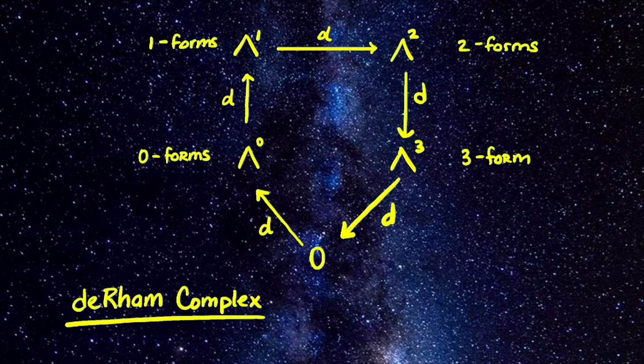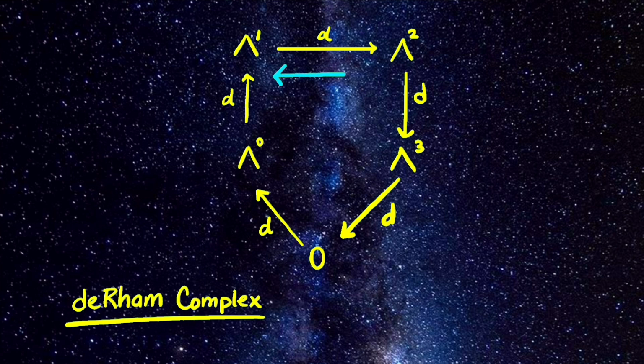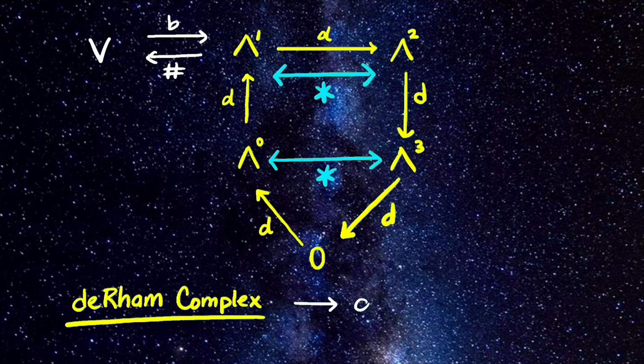This is known as the de Rham complex, and it has something to do with what's known as the de Rham cohomology group. And we can fit our Hodge star operations here in blue and our sharp and flat operations here coming off the set of 1 forms.